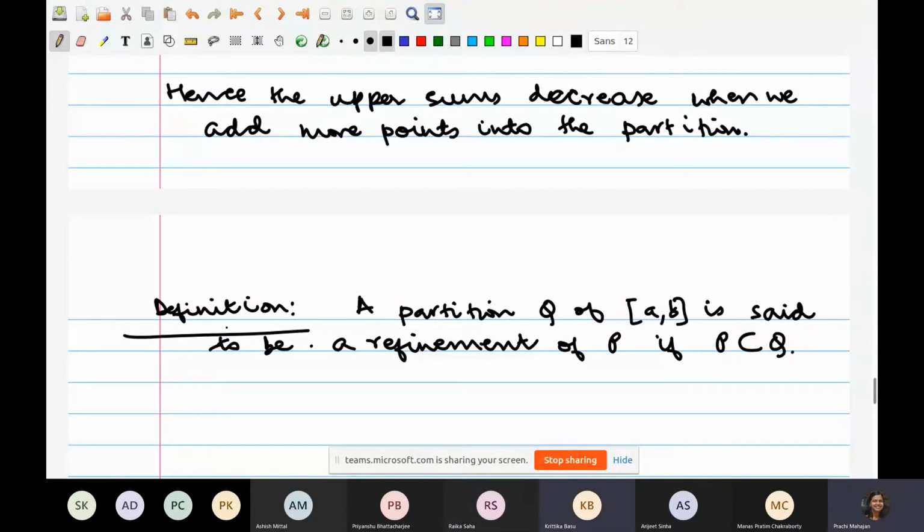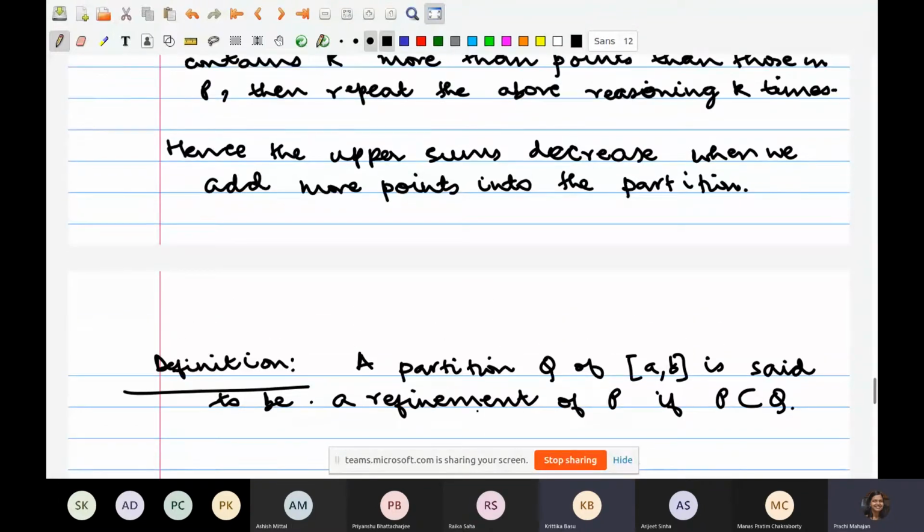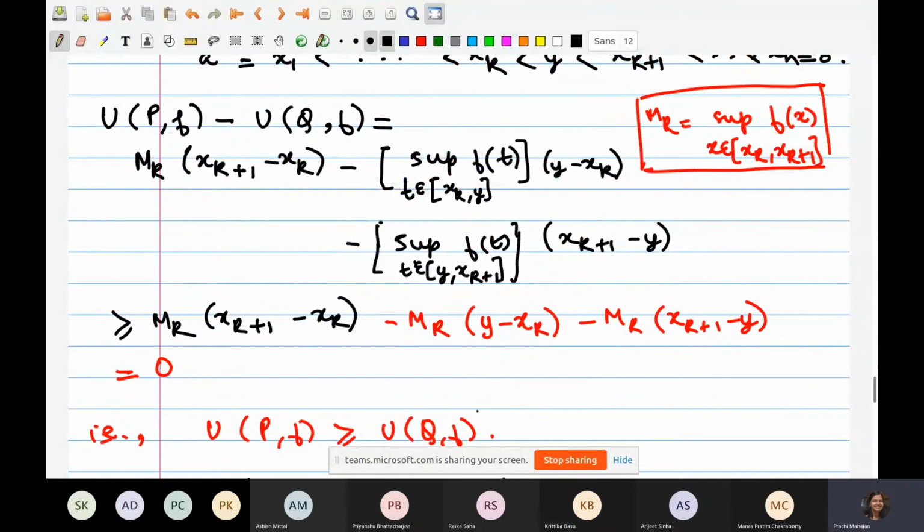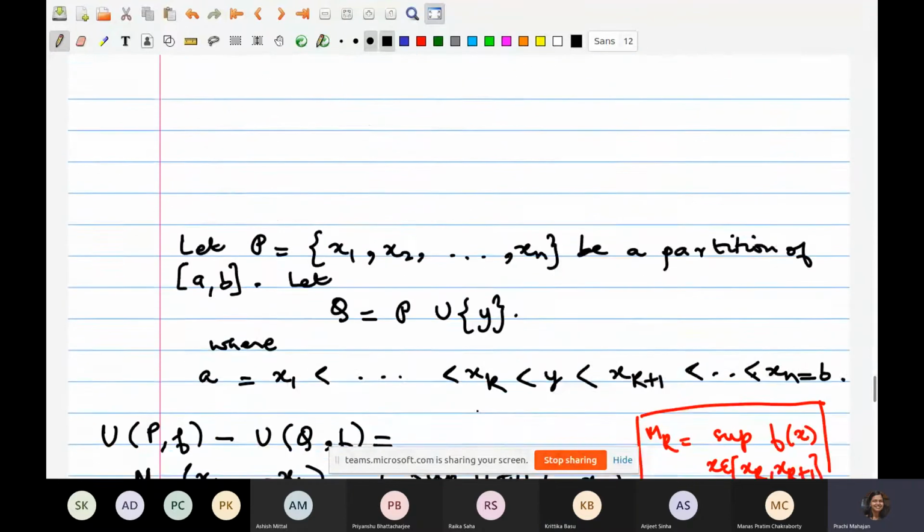Yes, ma'am. Why are we saying that it is a refinement? See, we are adding more points to this partition, so there is a finer partition. As you said, the more points we add, the better the approximation we get to the area.